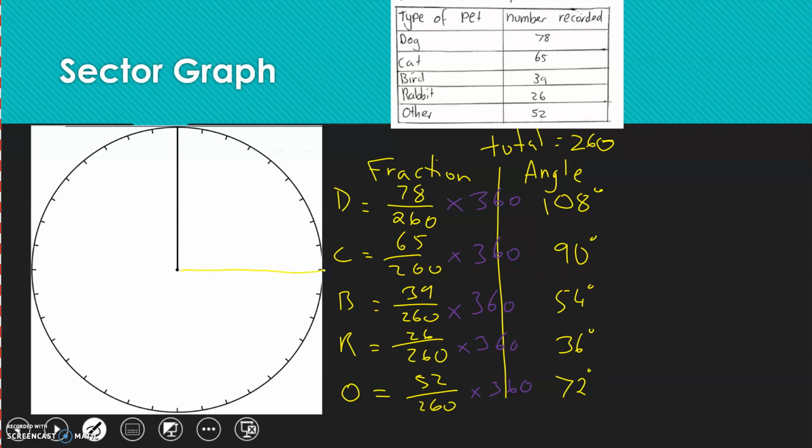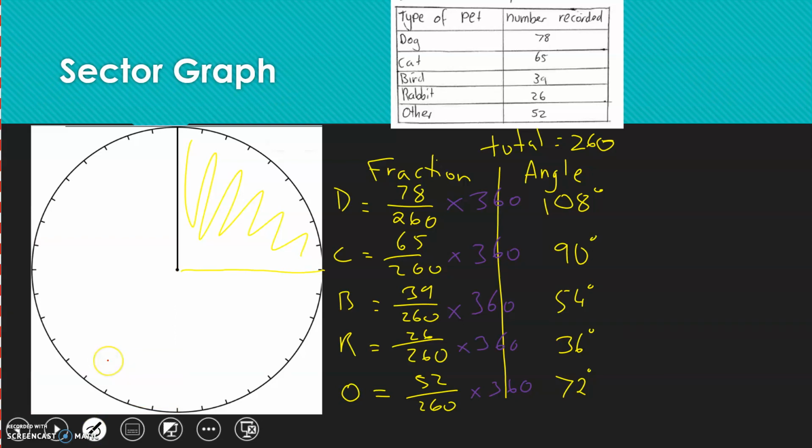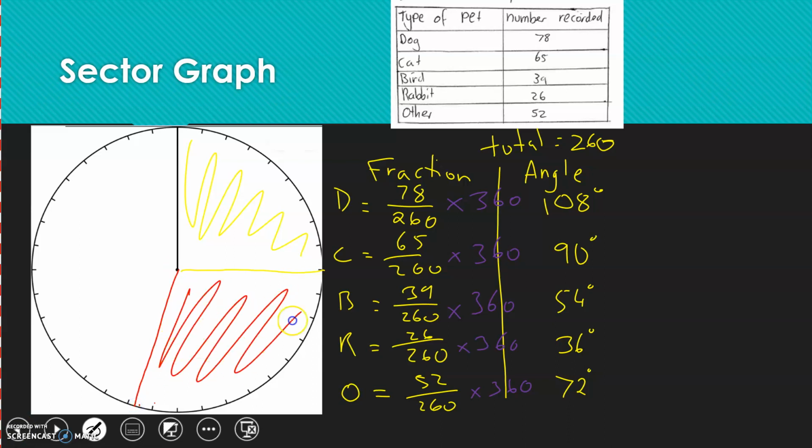So that section here is 90 degrees, and that shows the sector for the cats. Our next sector that we can draw is for the dogs, which is 108 degrees. That will come from the middle down here. So that will be our sector for dogs.